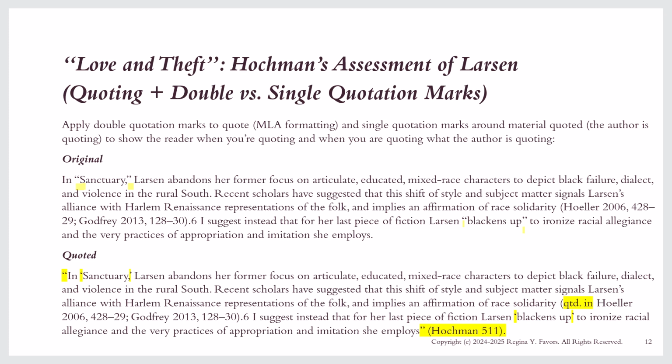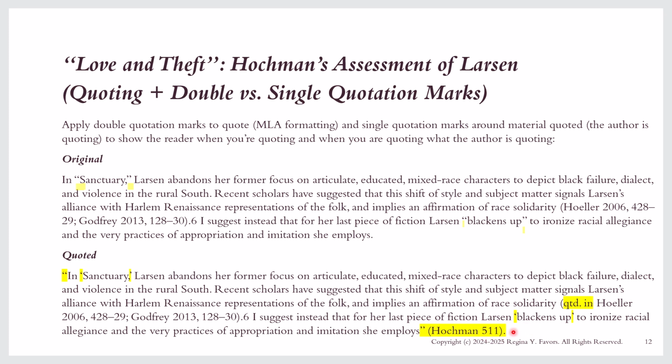Okay, try this. You have double quotation marks here, and so the original source material had Sanctuary in double quotation marks. They become single in your quote. Don't forget the indirect citation, quoted in. And then blackens up, which was originally double quotation marks, would be treated as single.